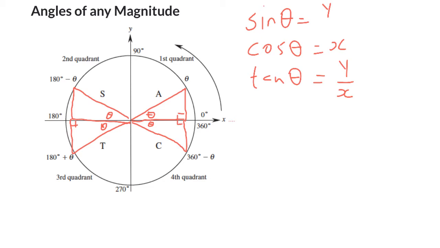We have positive y values and positive x values in that first quadrant. Okay, so that's how we end up with this ASTC, all stations to central, is the way I learned it when I was your age. But there are lots of different mnemonics as to how to remember that.